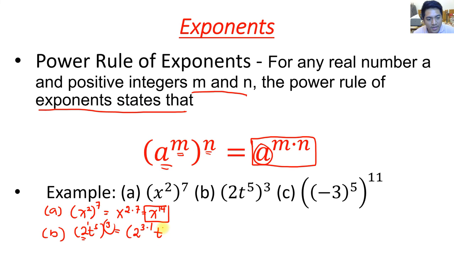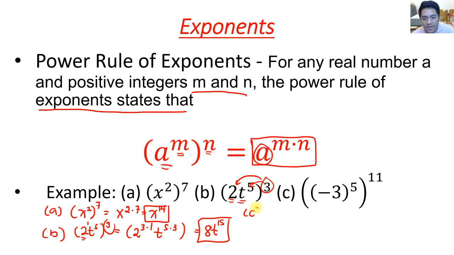Then you have t raised to 5 times 3. So we have 2 cubed, which is 8, and t raised to 5 times 3, that would be 15. So this would be your answer. Again, this 3 will be distributed to both 2 and the variable t.